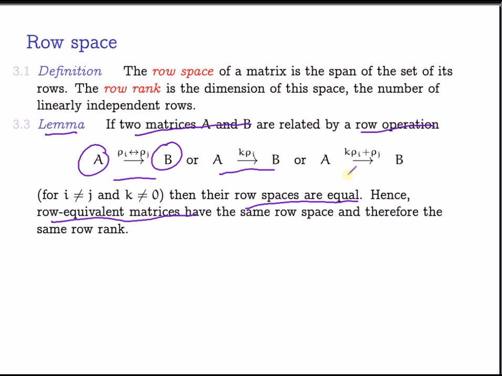And recall that these row operations are reversible. So you're only taking linear combinations of rows of A to get rows of B, and you can do the same thing vice versa. So it makes sense that the span of these is the same as the span of these, because these are just linear combinations of these, and vice versa. All right, so let's see what the proof says.